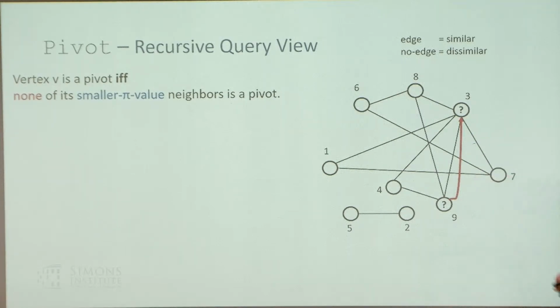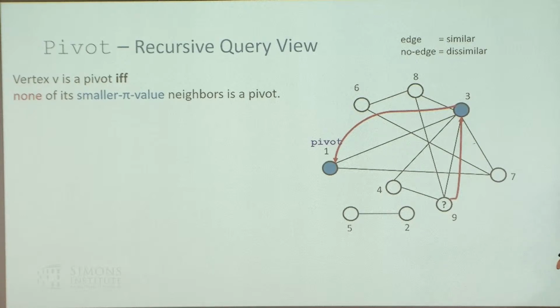Well, 3 doesn't know whether it's a pivot or not just by looking at itself, so it again looks at the neighbors. It looks at 1. 1 has the smallest pi in its neighborhood, so it is a pivot. Then it tells 3, you're not a pivot, we are clustered together, but you're not a pivot. Well, 9 still didn't learn what its cluster is.